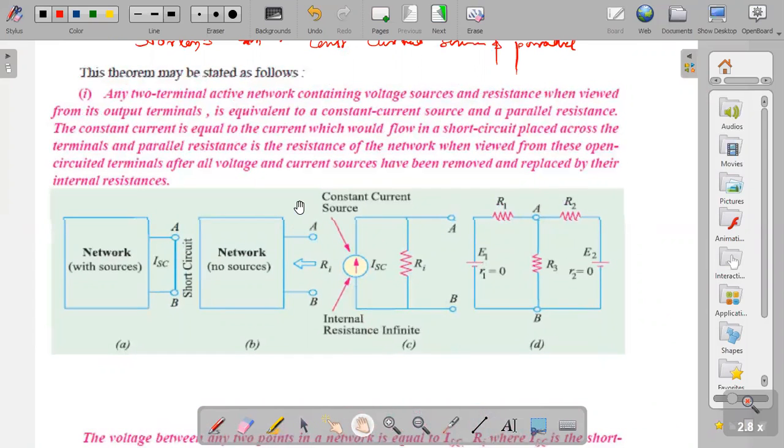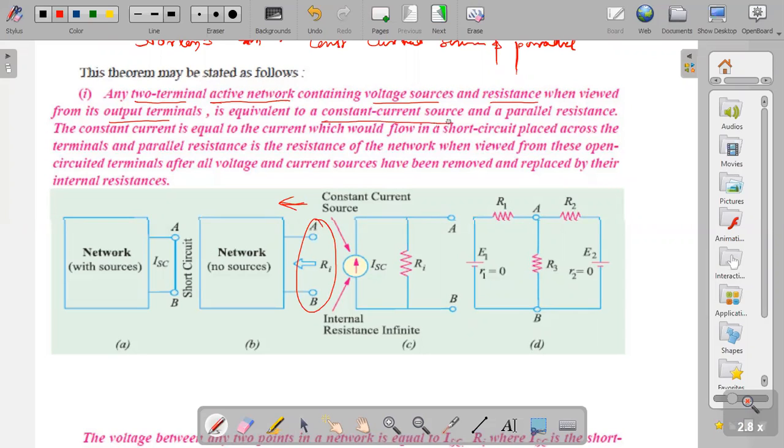Now see, in Norton theorem, any two terminal active network, this is the important word I will underline, any two terminal active network containing voltage sources and resistance, when viewed from output terminals, these are the output terminals, is equivalent to a constant current source.